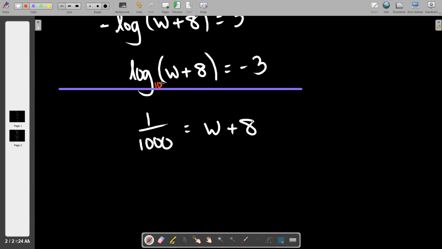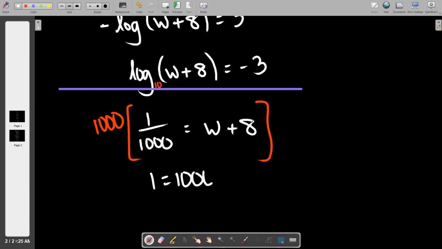So if you're someone who's deathly afraid of fractions, which is the reason why I teach an entire week-long unit in Algebra 1 on fraction killing, you can just multiply this whole thing by 1,000, right? We're going to get there no matter what. For you fraction haters, we're going to get 1 equals 1,000 of those W's plus 8,000.